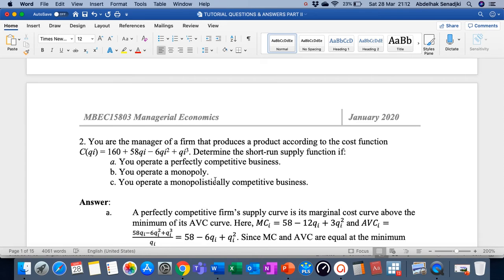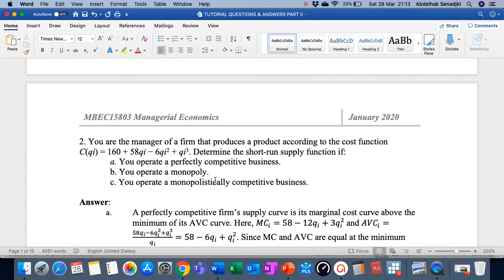The questions are: A, determine the short-run supply function if you are operating in a perfectly competitive market. B, determine it if you are operating in a monopoly. And C, determine it if you are operating in a monopolistically competitive market.